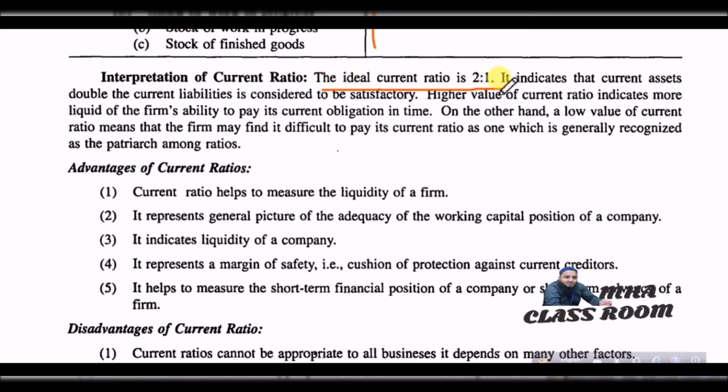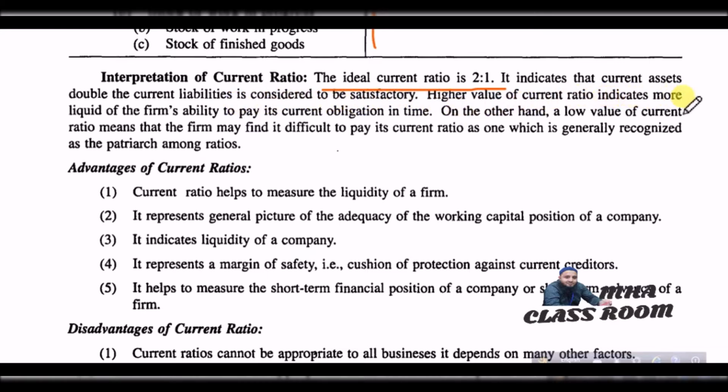That means if the current liabilities has 1 unit, then the current assets should be 2 units. That is the 2:1. It indicates that current assets double the current liabilities is considered to be satisfactory.